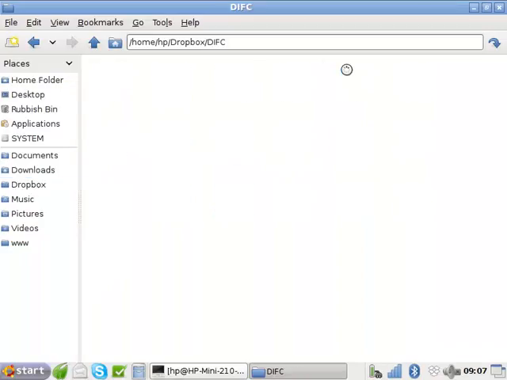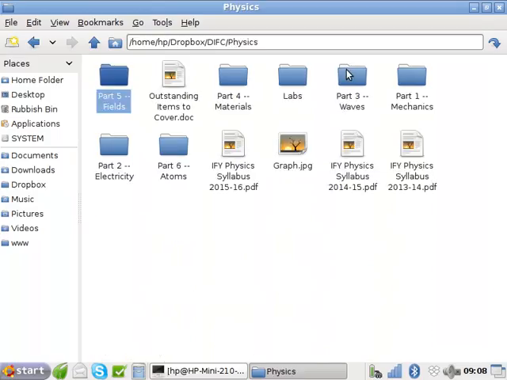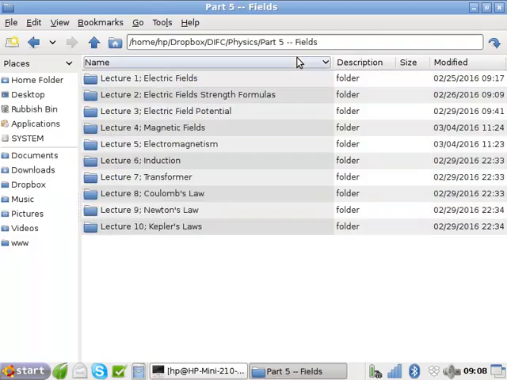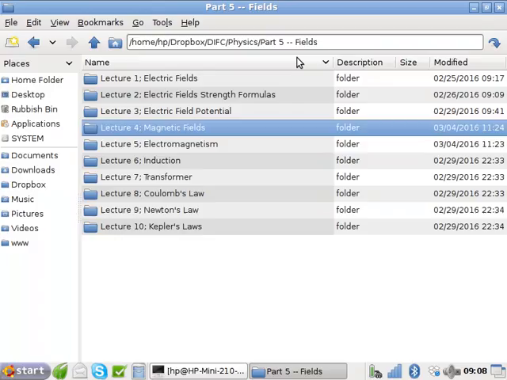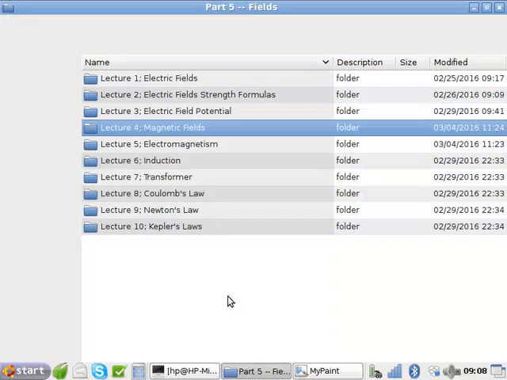Let me see. So we have a homework to do before we start something new. Our homework was on... I can't even remember what it was. I know it's fields. Was it magnetic field? I don't remember. What was the last one?